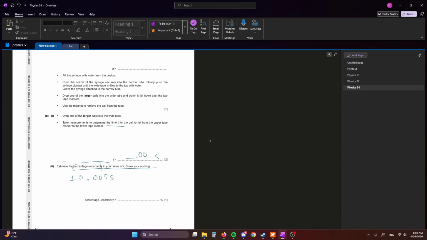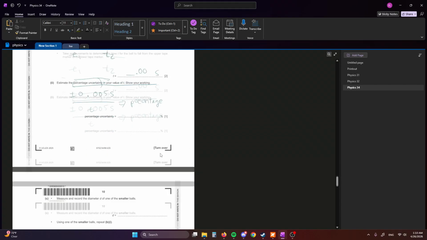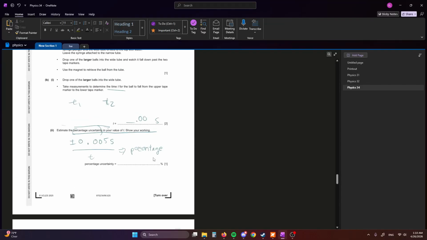And then we want to take that over our average value of t, and then you should get a percentage. We have T1 and T2 here, assuming that you do 2 trials. For this part, you always want to do 2 trials. This is like the same in AICE Chem. So yeah, 2 marks for 2 trials.